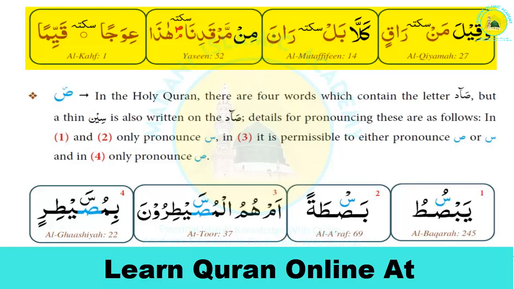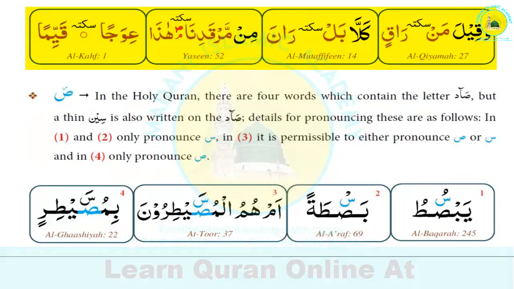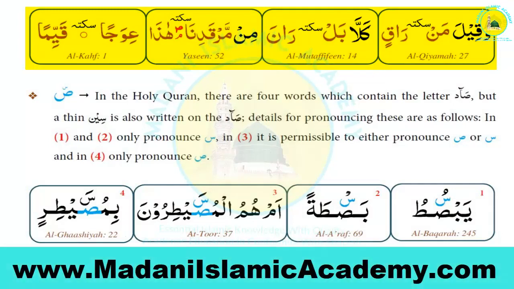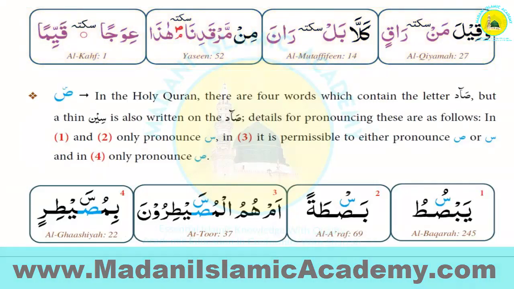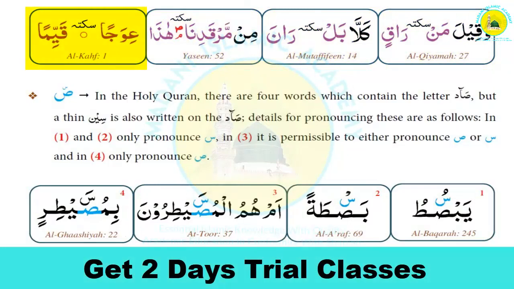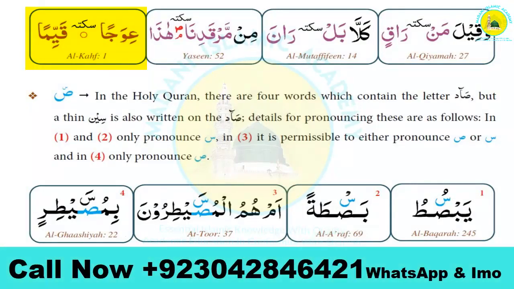Now the rule of sakta is that the mutaharrika letter is to be read as sakin and 2 zabar be changed to an alif and read accordingly. So now inshallah when we read this, if there is a letter like this one, Iwa Ja, the last one, we will not read it as Iwa Jan, we will read it as Iwa Ja.